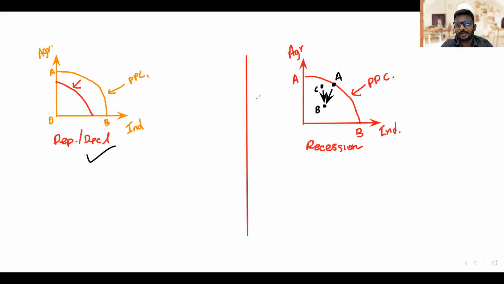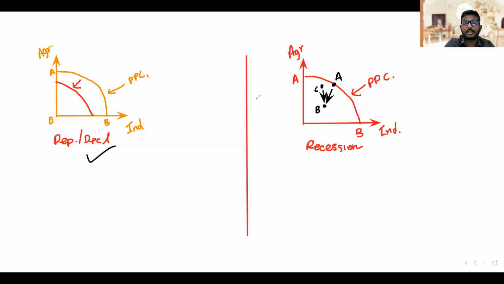At the end, you will have an explanation saying if the issue is severe, capacity will drop, and you will have the PPC showing the curve shifting in. On the other hand, you will have an explanation saying if it's not that severe, just due to these lockdowns and so on, there might have been a recession where capacity remains the same, but production might go down due to resources not being used fully.